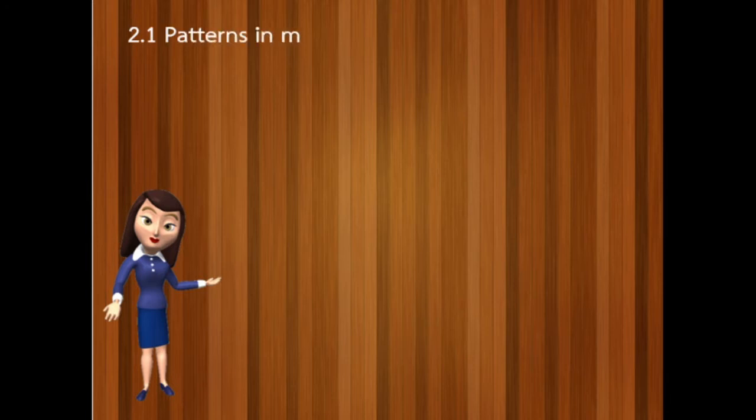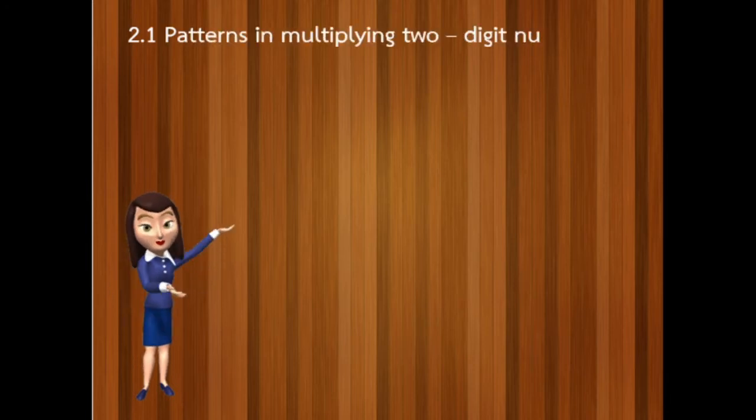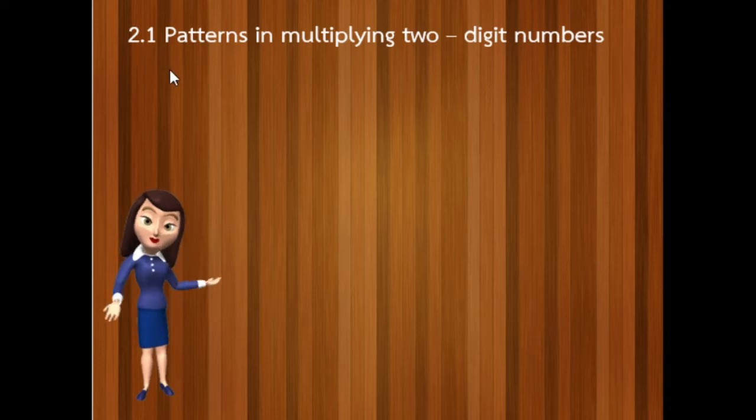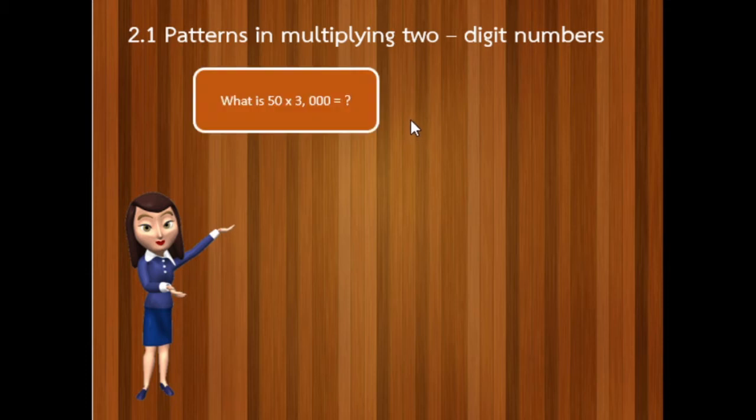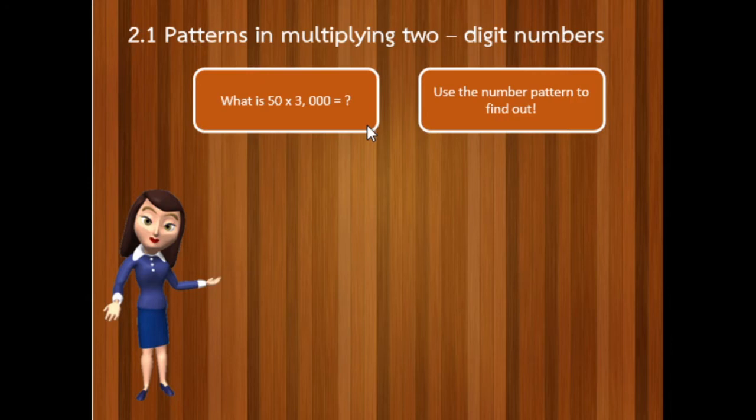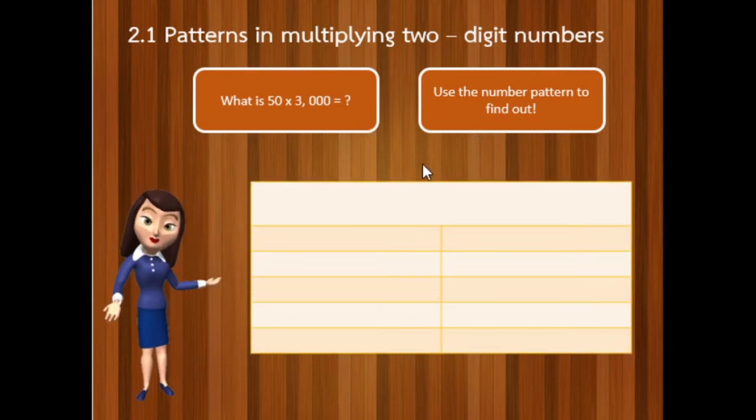Now, how do we multiply numbers? There is a pattern in multiplying numbers. Example, what is 50 times 3,000? Let's find the answer using the number pattern.